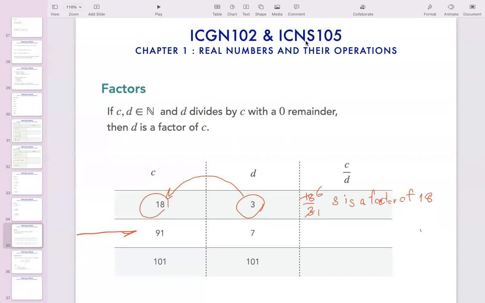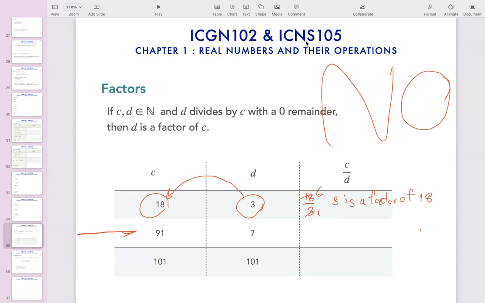Is 7 a factor of 91, yes or no? The answer is no. Is it correct?